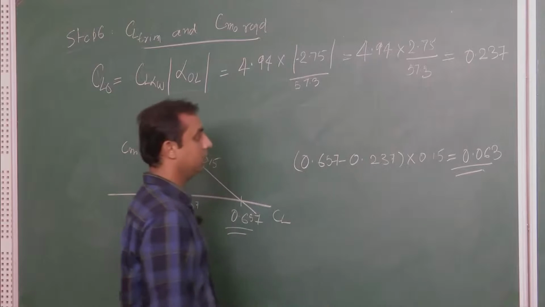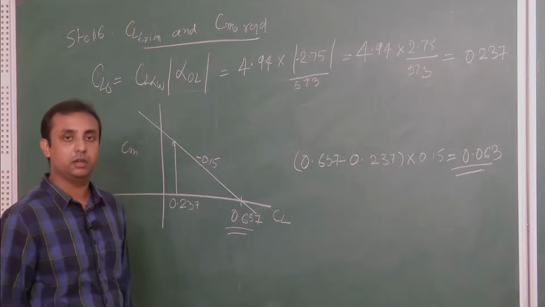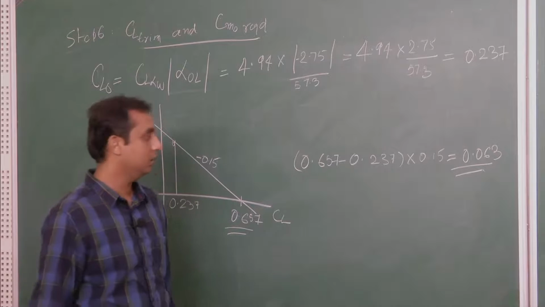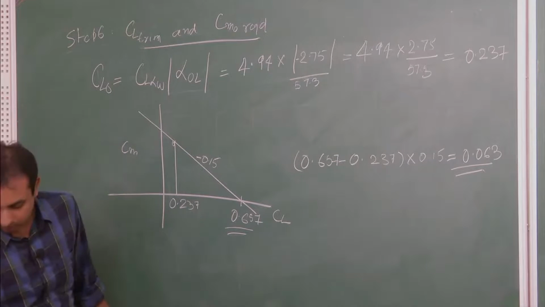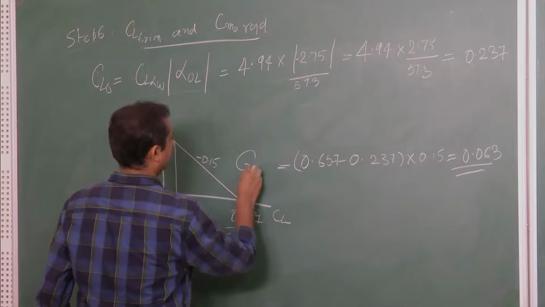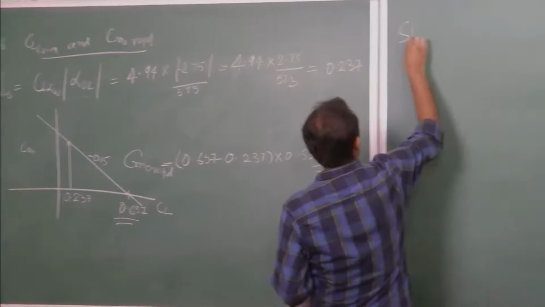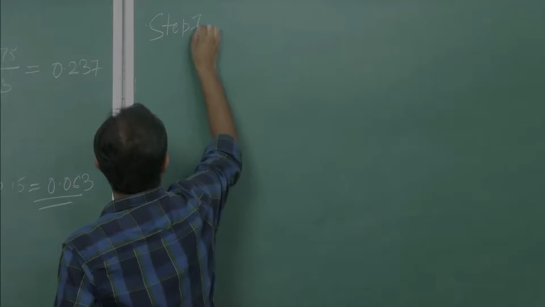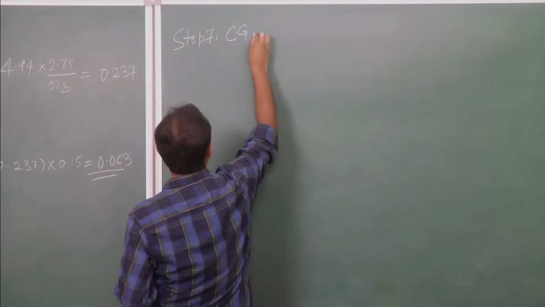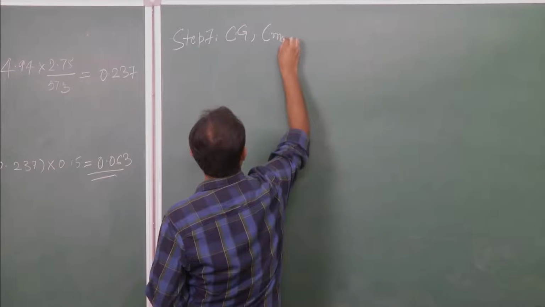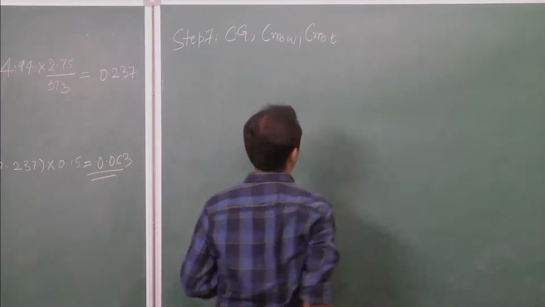So now we will see what the required condition will be, what the tail setting angle will be, whether we even require a tail setting angle or not based on these calculations. So this is the Cm naught required. Now step 7: the CG, the Cm naught of wing, Cm naught of tail.